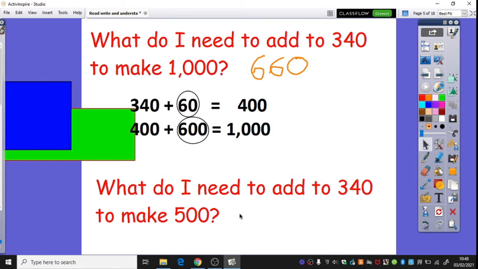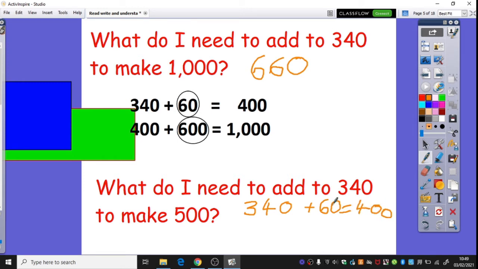Okay, and then if we have a look at what do we need to add to 340 to make 500, we need to think about the fact that to get from 340 to the next 100, we are going to want to add 60. So we're going to have 340 add 60. That will get us to 400.